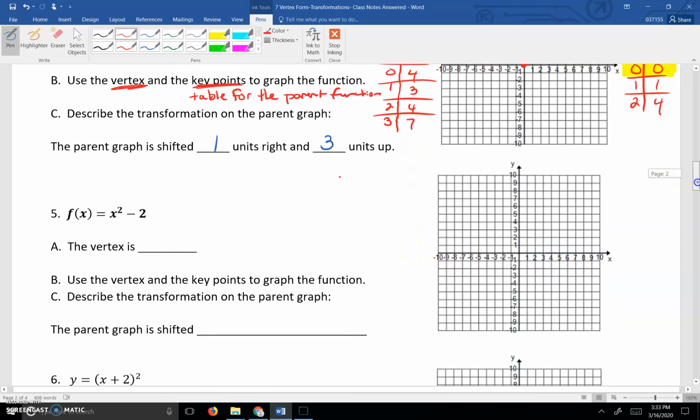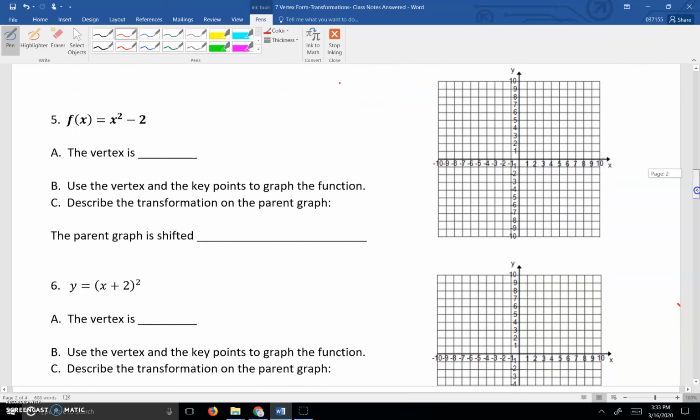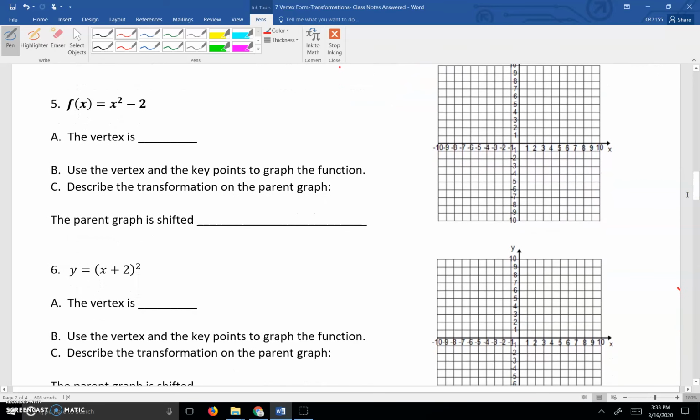So let's look at another example of this. If I'm looking at number 5, I have f of x equals x squared minus 2. The way it's written, it is in standard form, but it's not the way we recognize standard form. Because I don't have the parentheses here, I can rewrite this as x in parentheses squared minus 2.